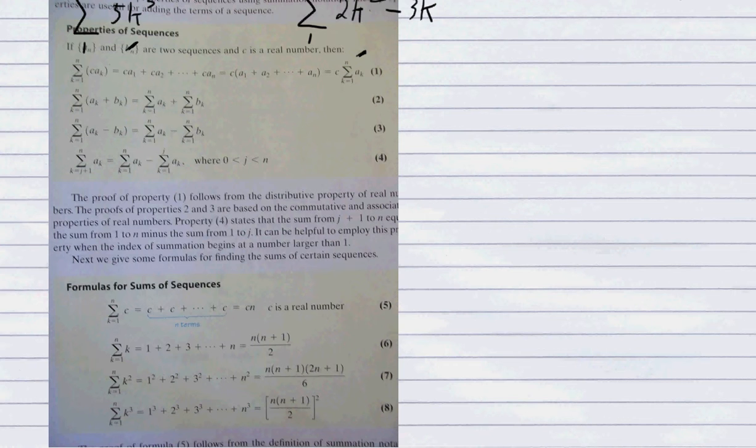I'll get this out of the way in a minute, but we're going to use these formulas here. We're going to use the top half, our properties of series, and what they allow us to do is take a more complicated formula and break it down into a simpler formula. Okay, which is going to be useful for our second example.